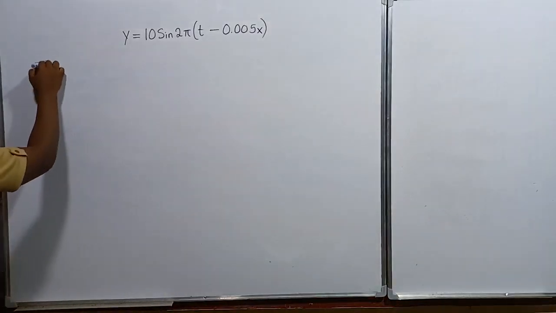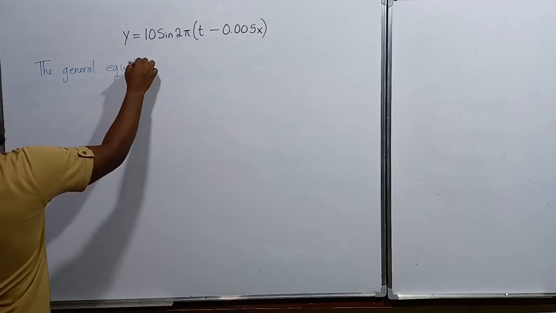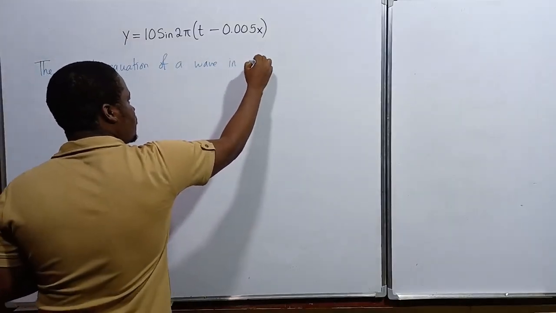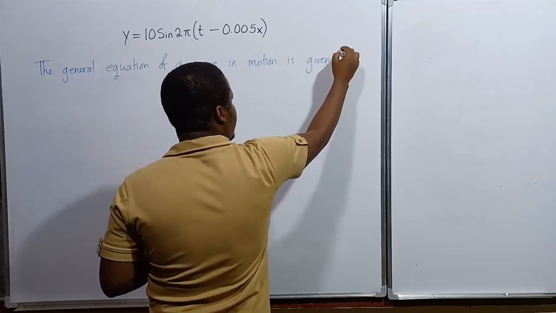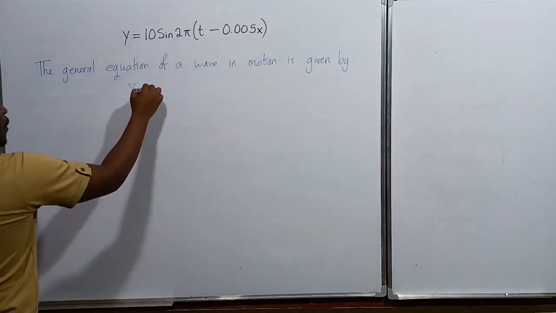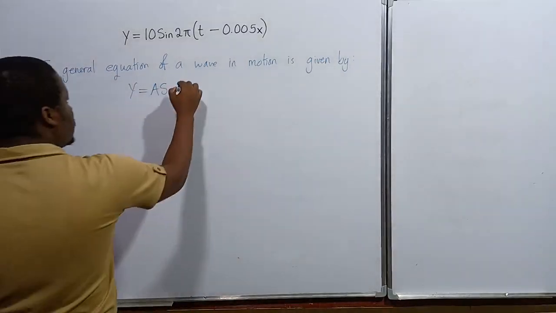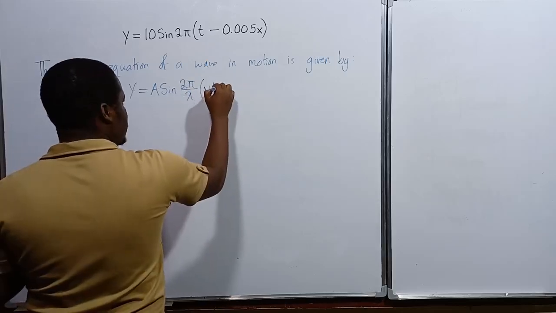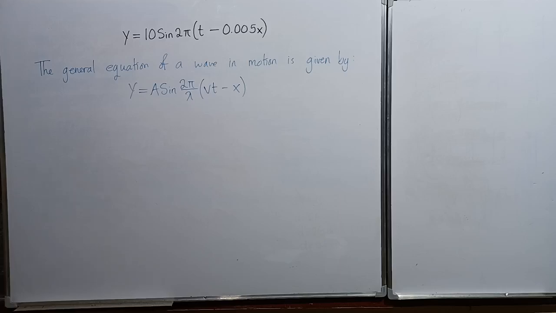So the general equation of a wave in motion is given by y equals a sine, 2 pi over lambda, open brackets vt minus x. This is the general formula for a wave in motion.